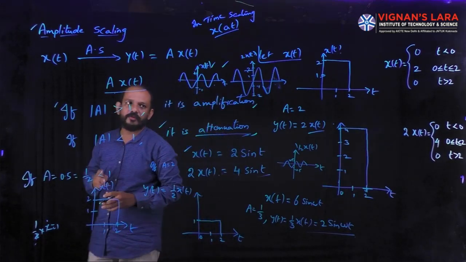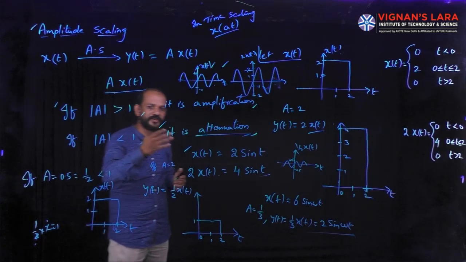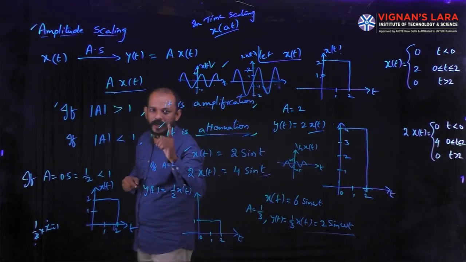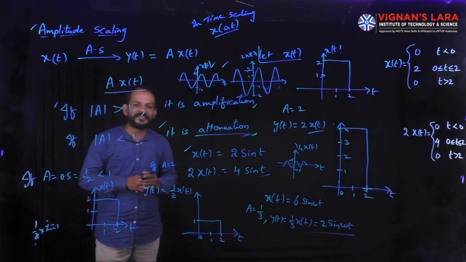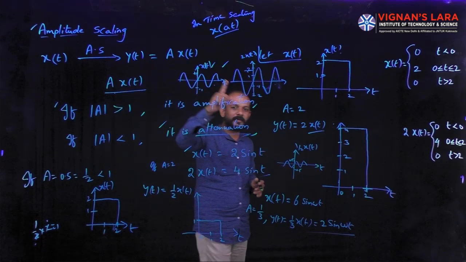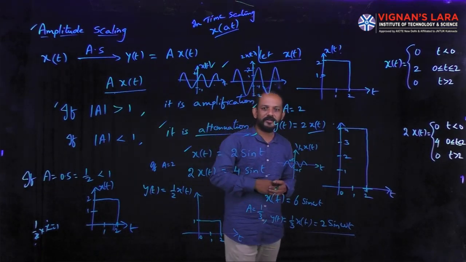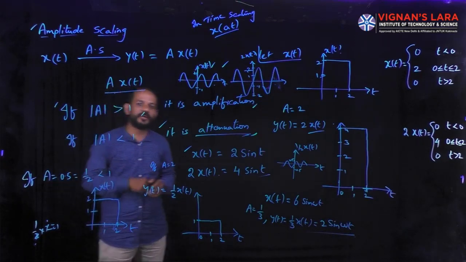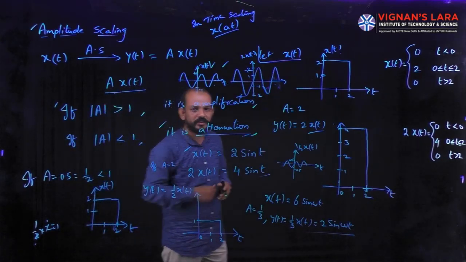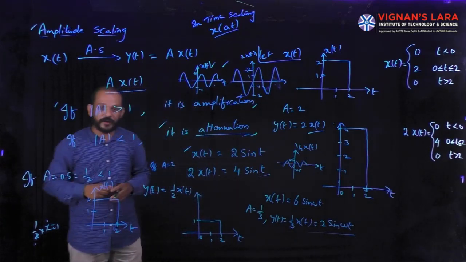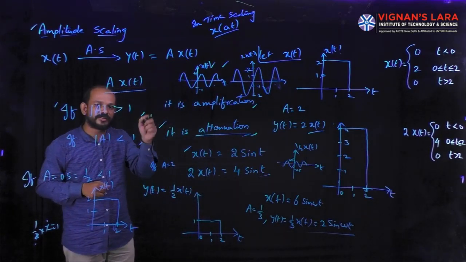So this is regarding amplitude scaling. In amplitude scaling we will get two things, that is amplification and attenuation. All these are with respect to continuous time signal. Now the amplitude scaling operation can be done on discrete time variable also. That is for your practice. So you have to practice the amplitude scaling operation with respect to discrete time variable n.